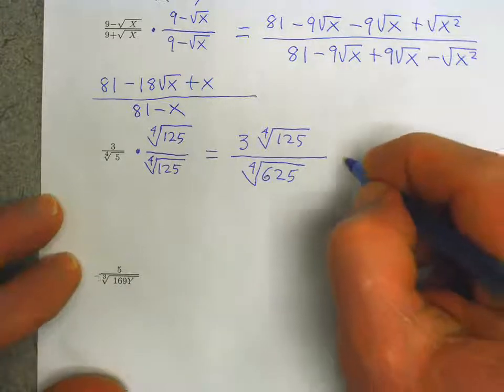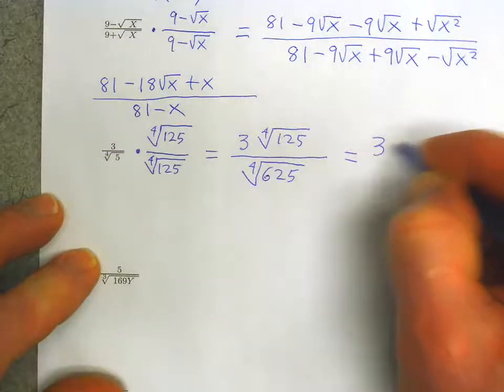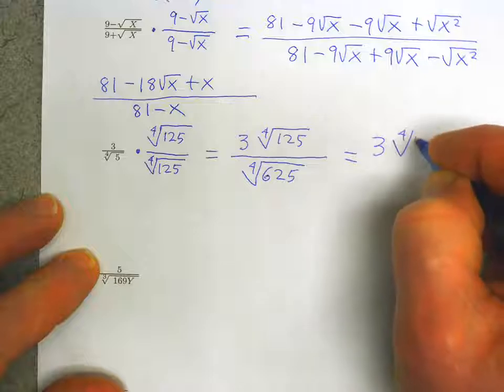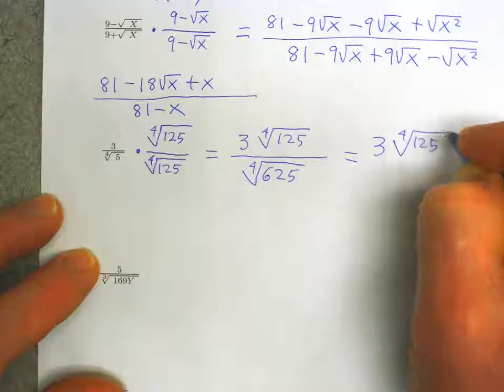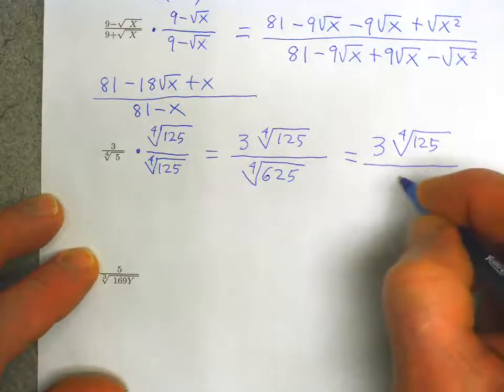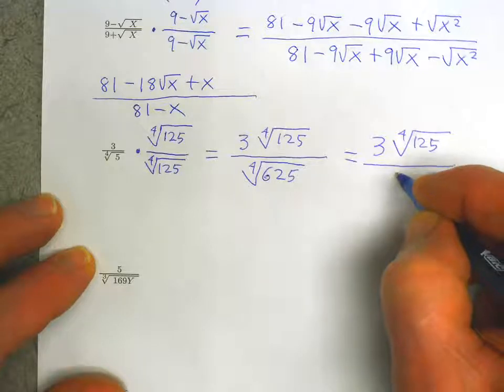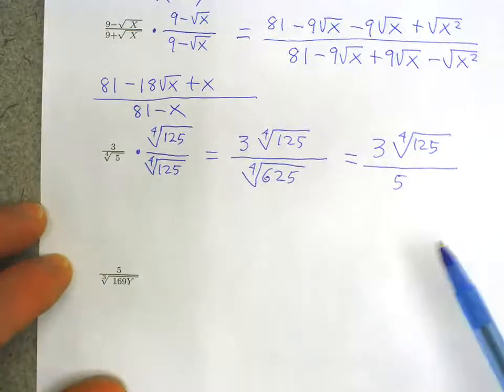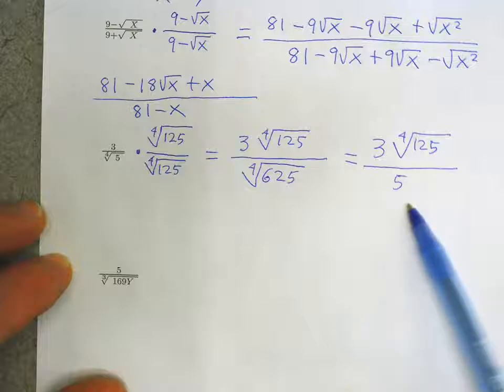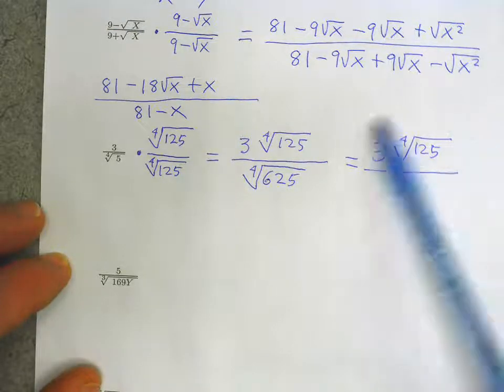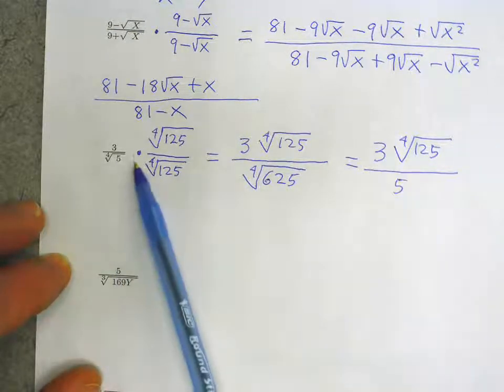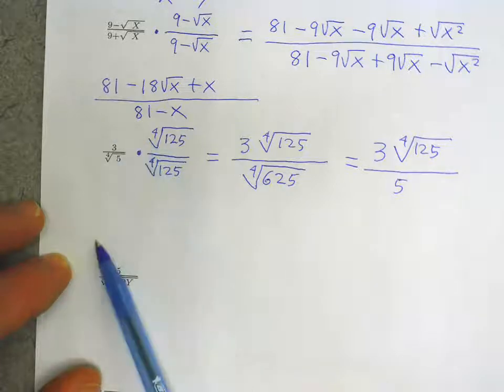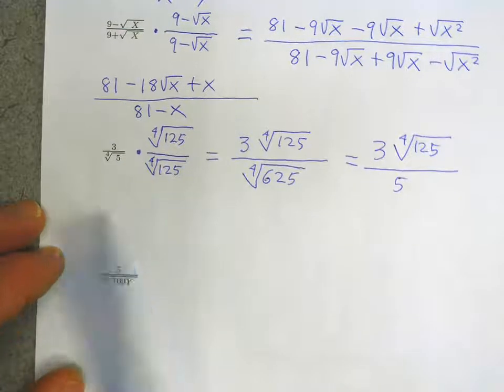So our simplified answer is 3 times the 4th root of 125 in the numerator, and in the denominator, the 4th root of 625 is 5. So now we have a rational number in the denominator, but the value of that number is exactly the same as the value of 3 divided by the 4th root of 5.